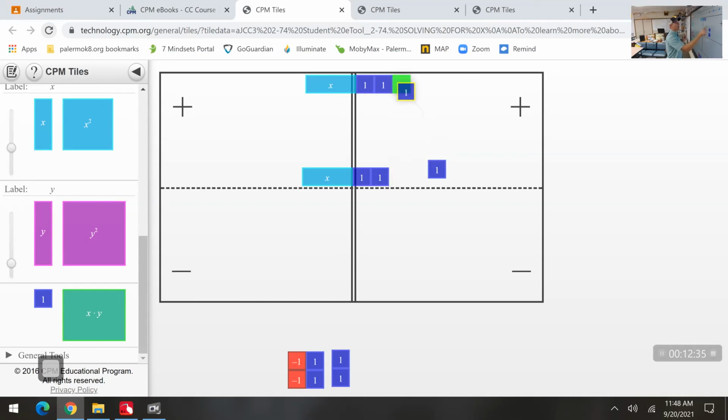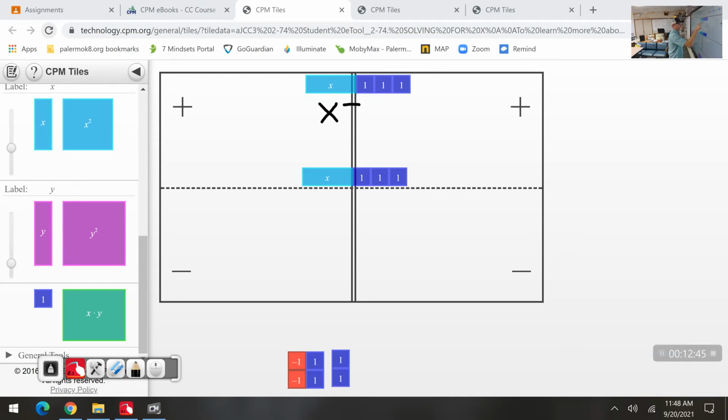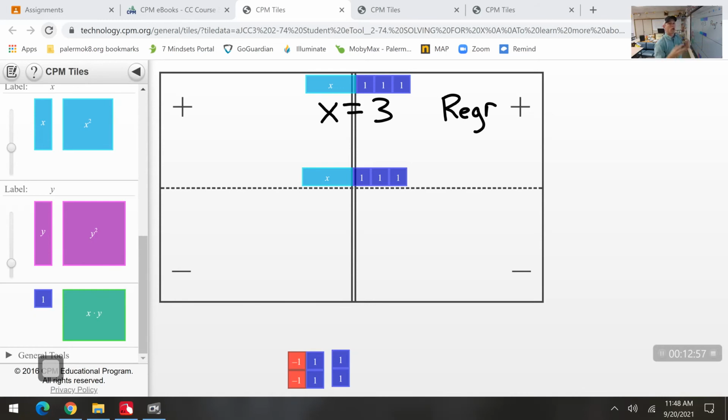I'm going to split them up, divide them into 2 equal groups, and I want you to notice I now have 1x equals 3, and after I divide it into 2 groups, that's called a regroup. I am left with 1x equals 3. That's a regroup.